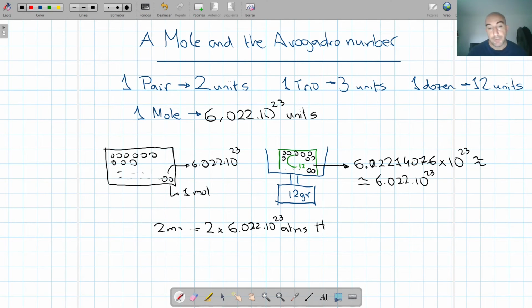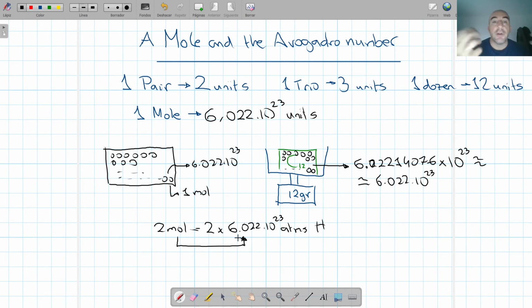That's 2 moles, because I substitute the word mole for the number of units it contains. So if we're talking about 8 moles of ions of helium, I'm talking about 8 times 6.022 times 10 to the power of 23 ions of helium, and so on.